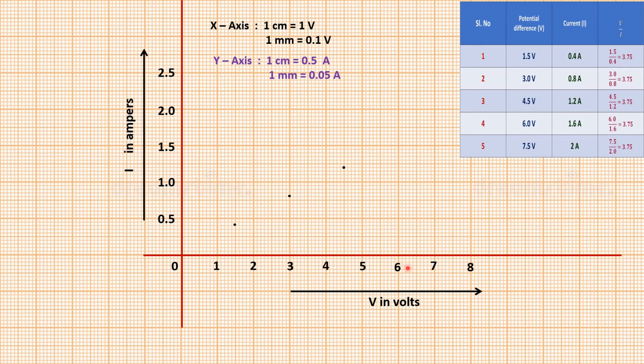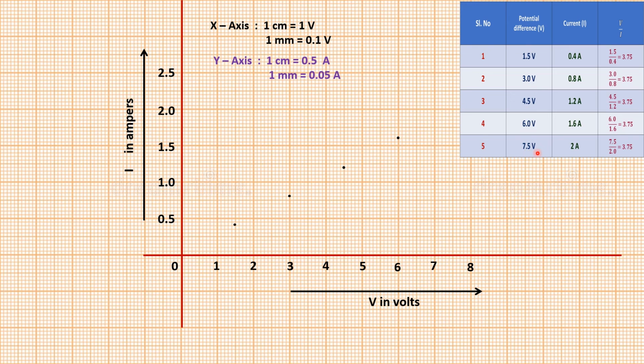Next, 6 volts, 1.6 amperes. 1.6 divided by 0.05, 32 units we have to show. So here up to here 30, 31, 32 here. That's all. Next, serial number 5, 7.5 volts.